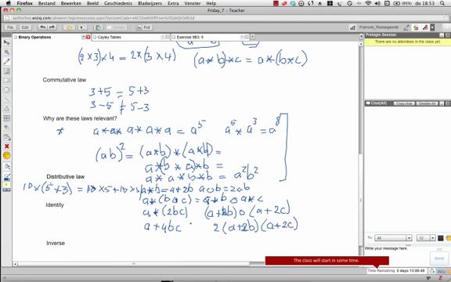And obviously these two are not equal, so in this case the distributive law does not apply.